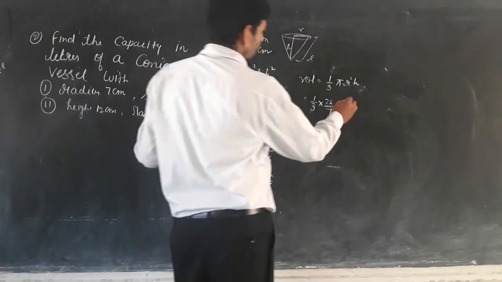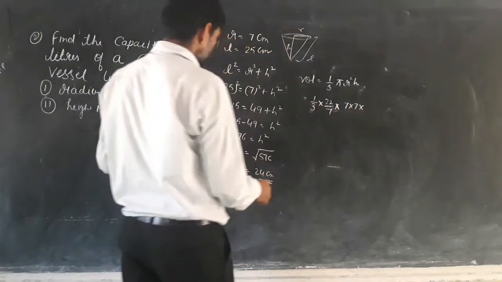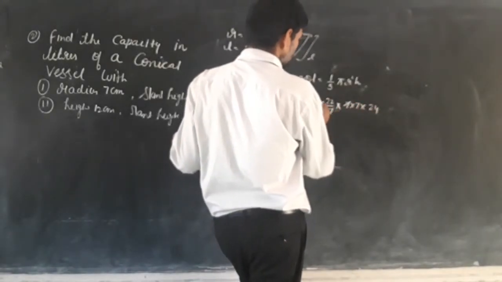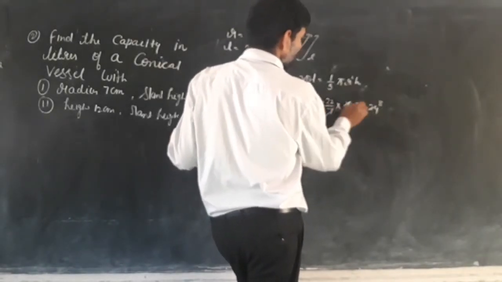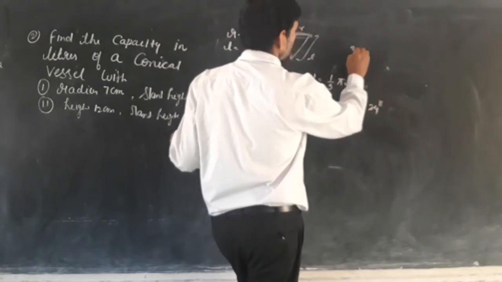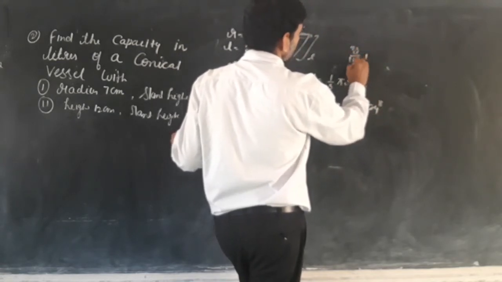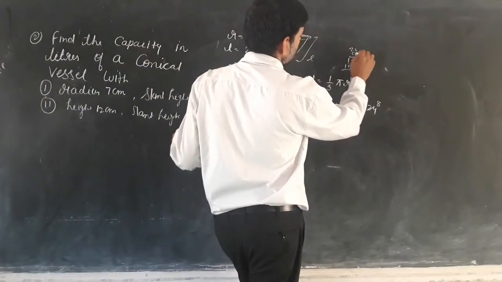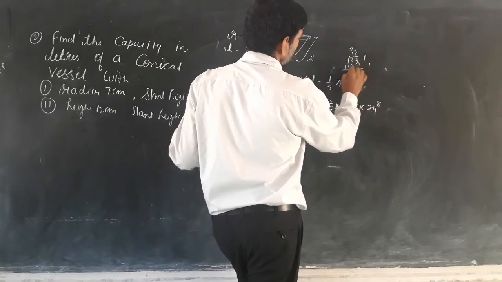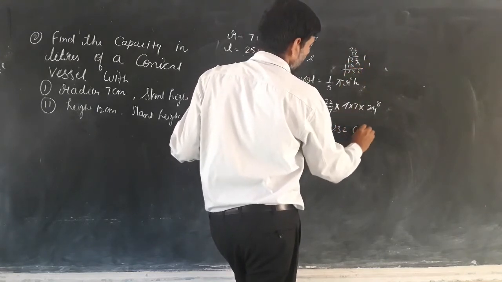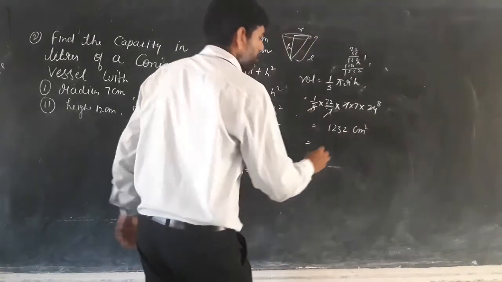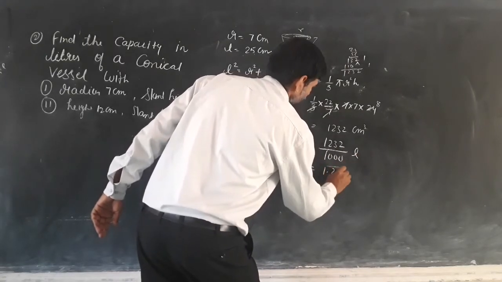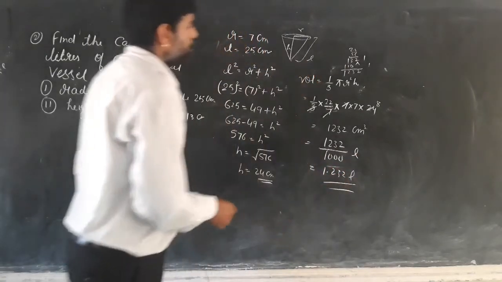Radius is 7 into 7 and height is 24 centimeter. 7 and 7 cancel. 3 eights are 24, 7 eights are 56, 22 into 56, 1232 centimeter cube. Centimeter cube is converted to liter: 1232 upon 1000 liter, that is 1.232 liter.